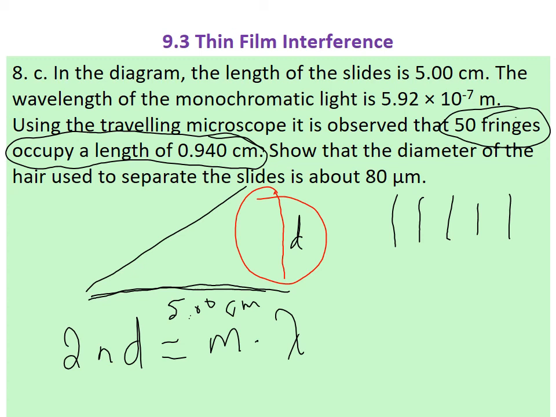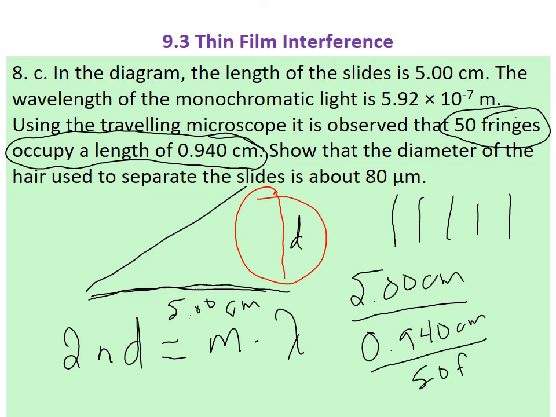So I can figure out how many fringes there are along the entire 5 centimeter length by dividing 5.00 centimeters by 0.940 centimeters per 50 fringes. This will tell me essentially the m order, m being the number of fringes, where my hair is at the very end of all this pattern.